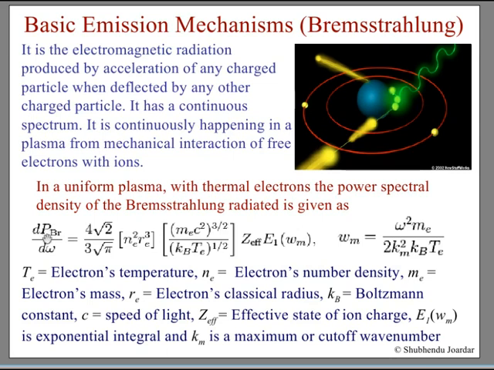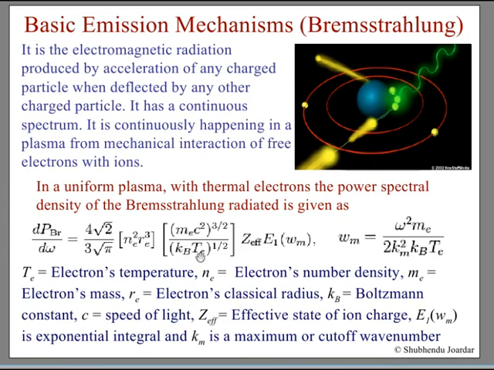Here these relations come from dP by d omega. d omega is the change in frequency and dP is the change in power. That is the expression, and this is proportional to Ne, the electron density, and Re, the electron's classical radius.